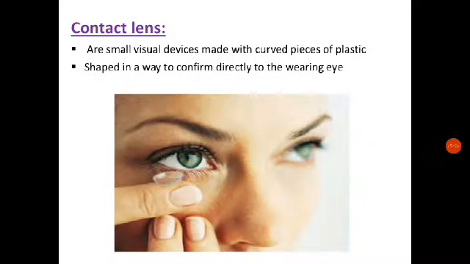And contact lens solution. So contact lens solutions are very common nowadays. Now these are very small visual devices made from a curved piece of plastic to adjust visual deformity.